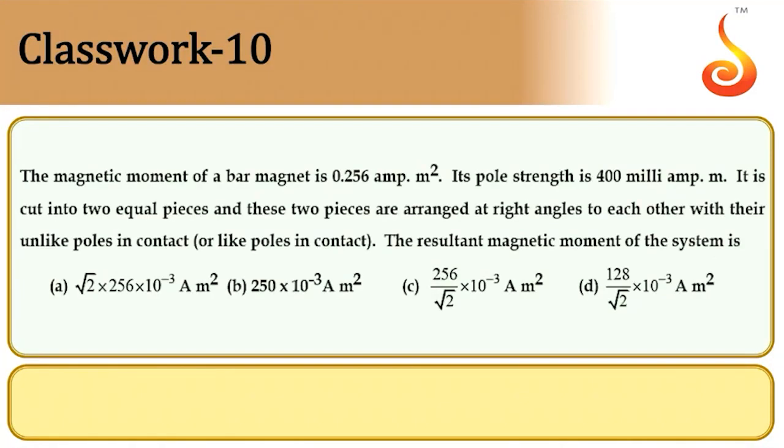Example 10. The magnetic moment of a bar magnet is 0.256 ampere meter square. Its pole strength is 400 milliampere meter. It's cut into two equal pieces and those two pieces are arranged at right angles to each other with their unlike poles in contact or like poles in contact. The resultant magnetic moment of the system is, again, simple.